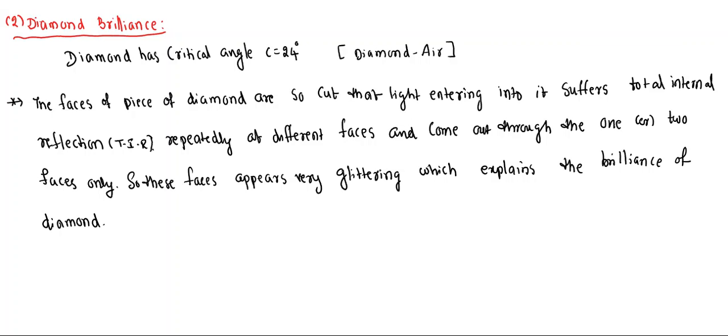The diamond should be cut in such a way that when the light enters through one face, it repeatedly undergoes total internal reflection at the different faces, and finally the light ray comes out through only one or two faces. Due to that, those faces appear very sparkling, brilliant, glittering, shining. This is the explanation for the brilliance of the diamond. This is the second application.